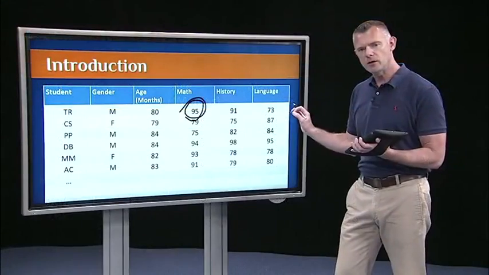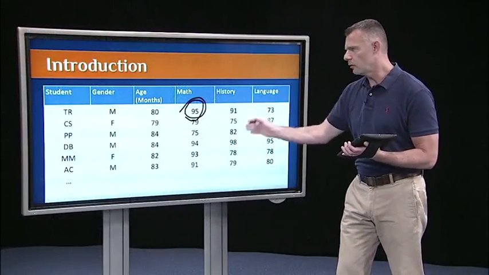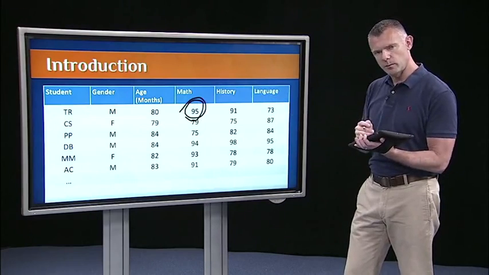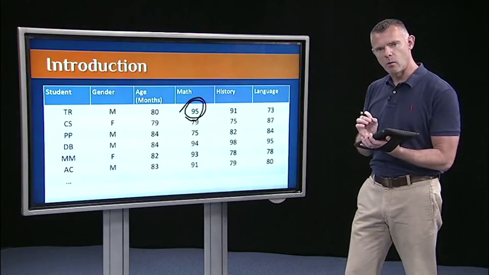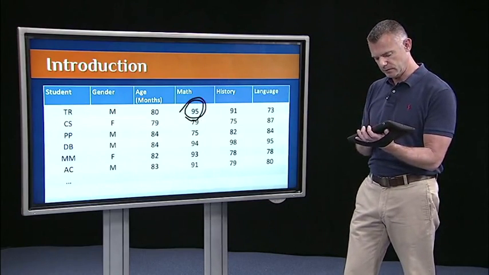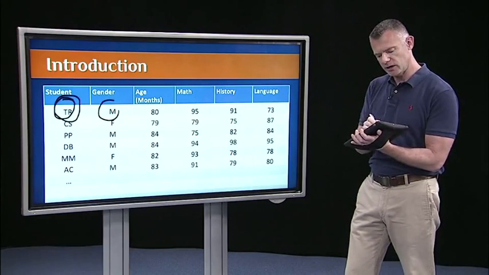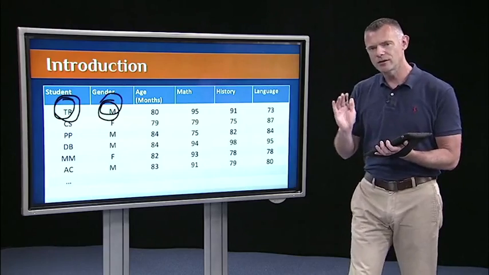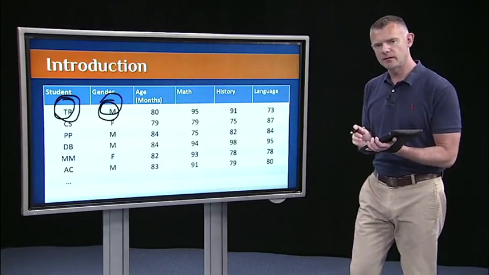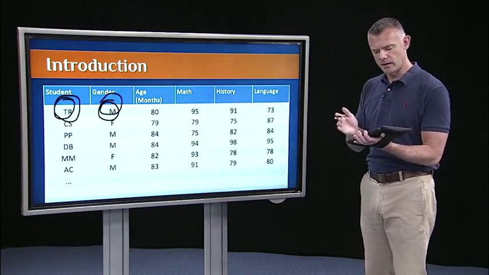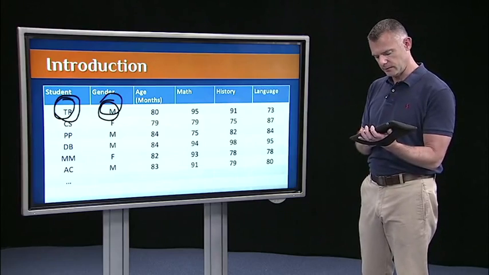We assigned a value to a variable, math score, for a particular student. That's a quantitative piece of data. TR's name and TR's gender are characters that we assigned as values. So those are examples of qualitative data.